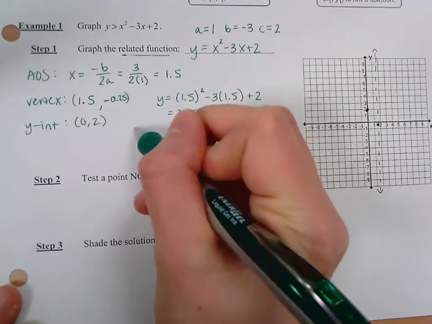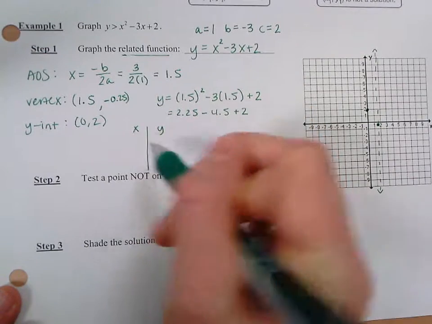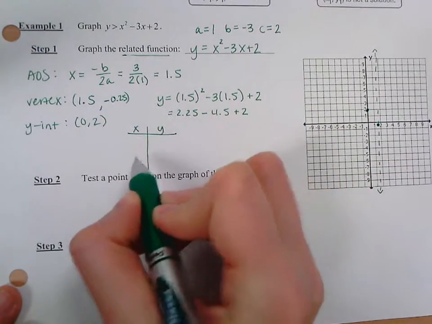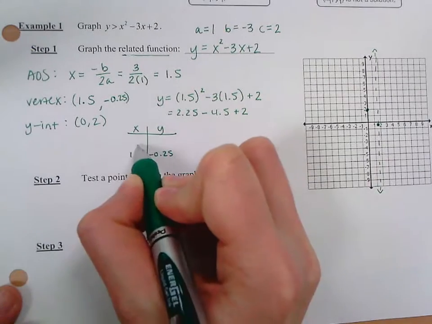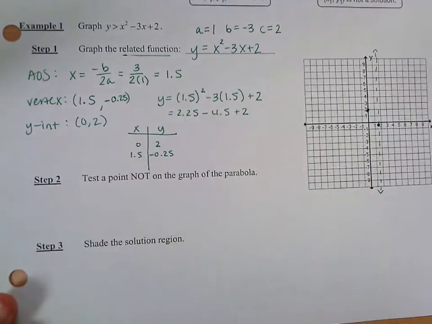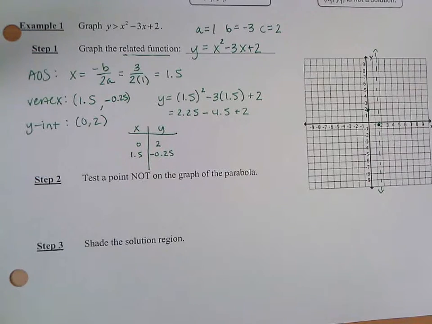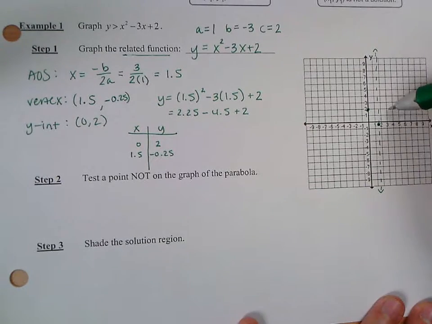And actually making the table, that's up to you. I just need to be able to tell where your points are. We have our vertex. We have 0, 2 for the y-intercept, and that would reflect over to what other point? 3, 2.